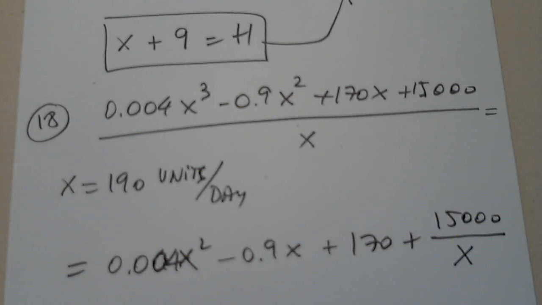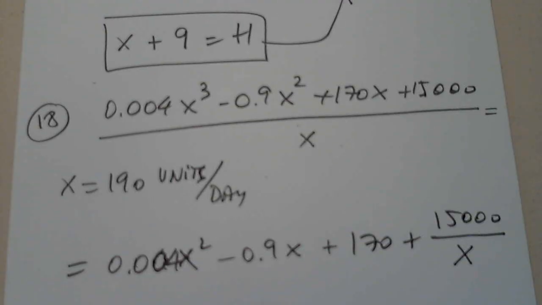Look at it and make sure that it's entered correctly: 0.004x squared minus 0.9 times x plus 170 and plus 15,000 divided by x. Look at it, make sure it's correct, and then all you have to do is go to second and table and plug in 190. That's all you need to do.